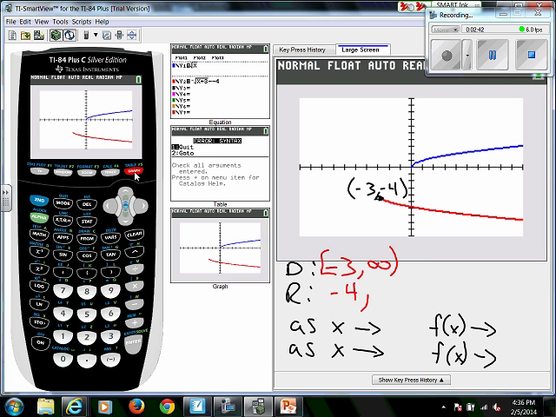For the range, we're going to do negative 4 because that's where my starting point is, and the graph goes down forever to negative infinity. But notice here negative 4 is greater than negative infinity, so we like to always start at the smallest number, so we need to switch these around: negative infinity to negative 4.